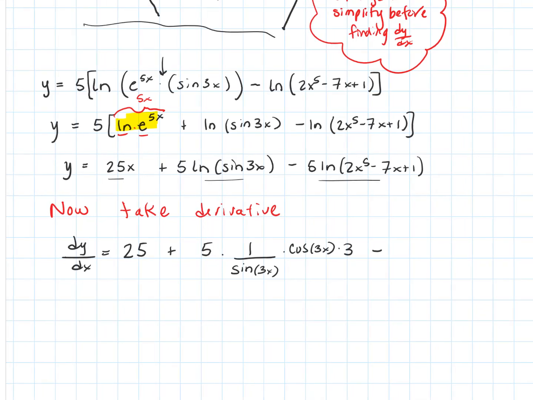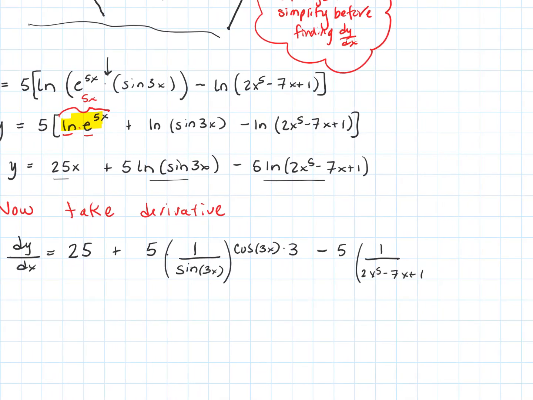And then minus 5 times 1 over that whole thing, 2x to the 5th minus 7x plus 1. Then we have to multiply by the derivative of that, which is going to be 10x minus 7. Okay.